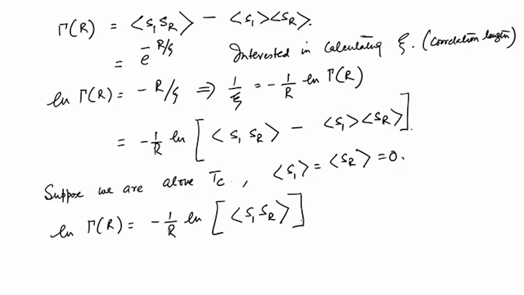At the end we will see that it really does not matter if you keep these terms. That is a constant term, something like an m square term, where m denotes the magnetization. At this moment we are just interested in calculating this thermal average S1 SR, where 1 and R are two different sites. So, what is then the S1 SR correlation? This is equal to the sum over spins S, and then we have S1 SR.